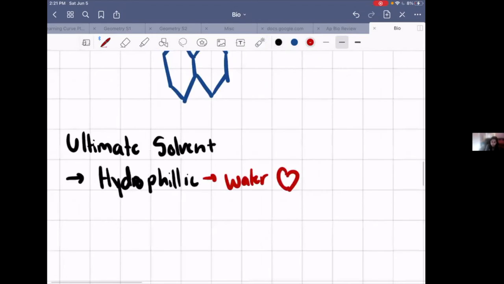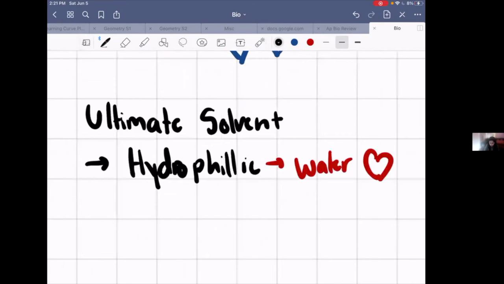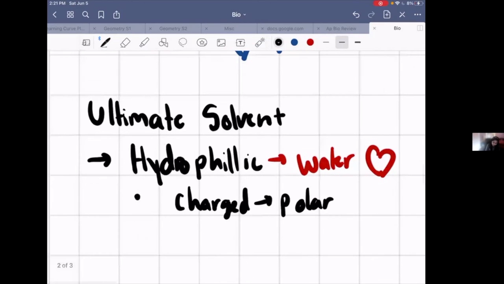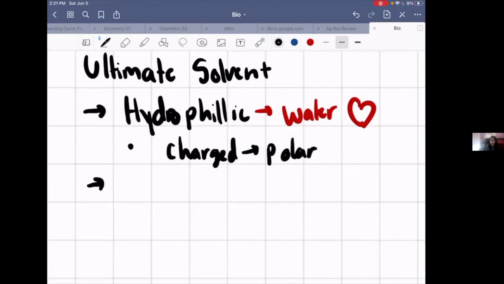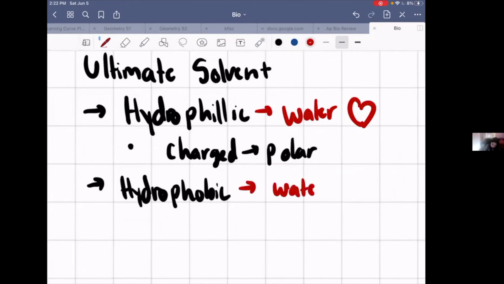They are able to be dissolved in water, like I just said, and they're also charged, which means that they are polar. And then the types of substances that do not dissolve in water are called hydrophobic, which means water hating.